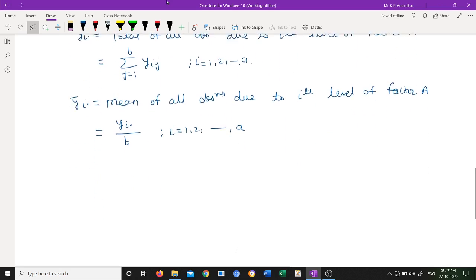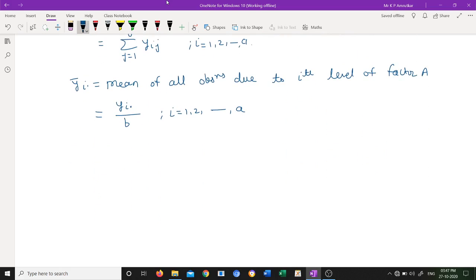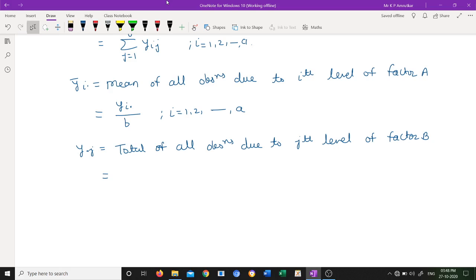Now next notation is y dot j. Y dot j means the total of all observations due to the jth level of factor B. Now look at this table.